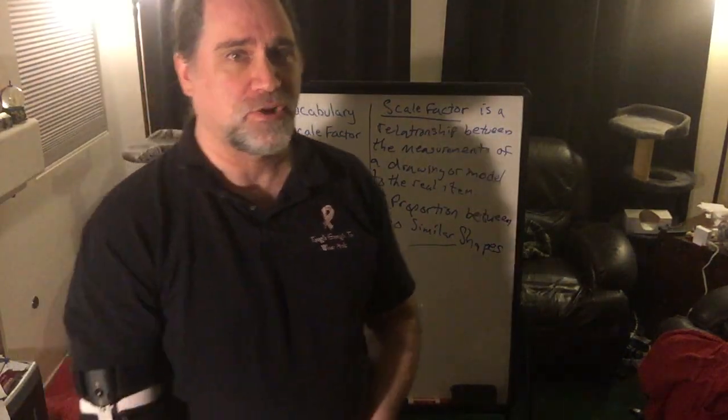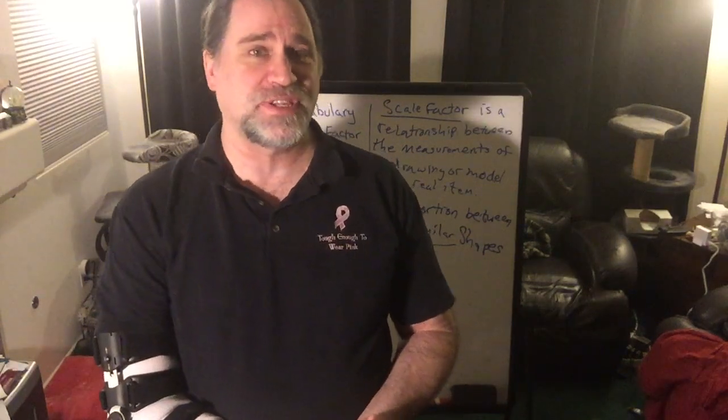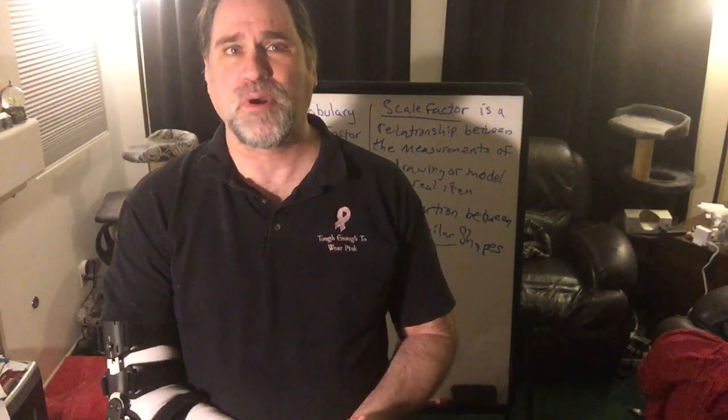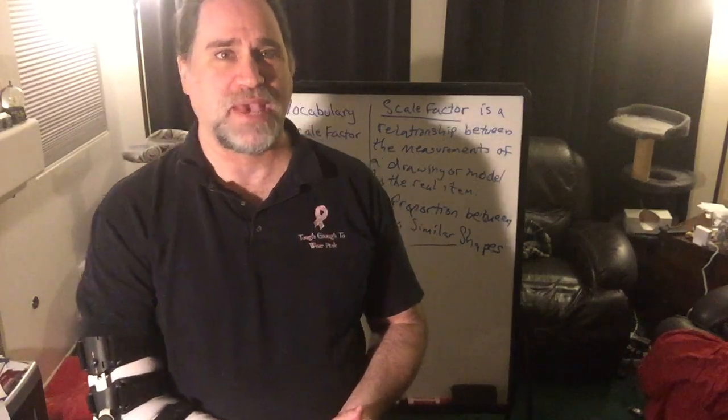We don't use that term in math to describe two shapes that maybe in your mind you think, well, they're close to the same. Similar in mathematics has a very specific meaning that we'll talk about in the next lesson. The most important part is that they have to have all the same angles.